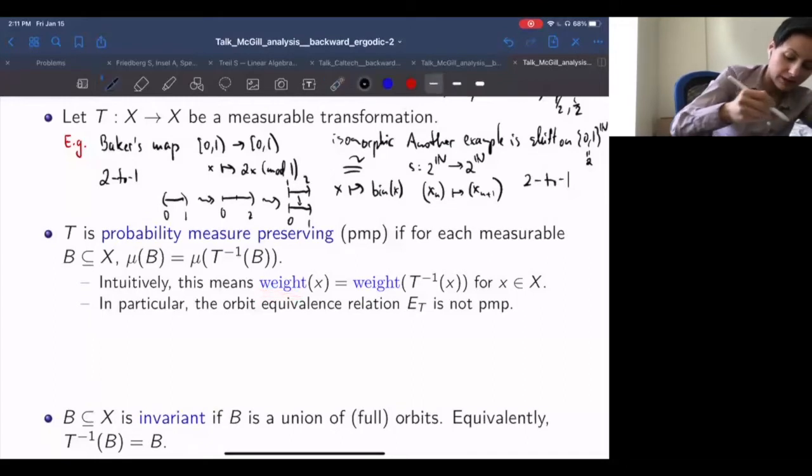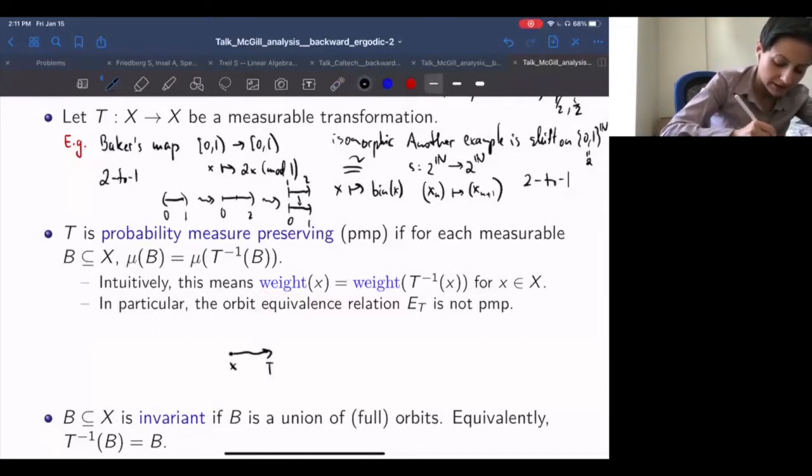So here, let me draw what I mean. If I have a point in the space X, so let's say this is T of X, this is the direction of T, and I have its pre-images. So this is again the map T. Sorry, I'm drawing the pre-images, and so on.